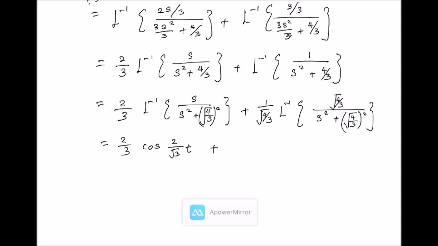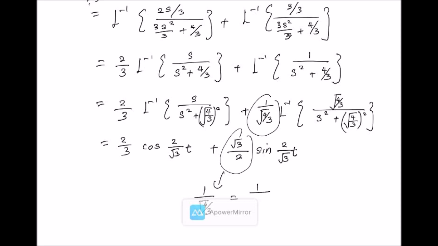And then plus 1 over the square root of 4 over 3, which is equivalent to the square root of 3 over 2 sine of 2 over the square root of 3, t. We get this from 1 over the square root of 4 over 3, equivalent to 1 over the square root of 4, which gives 2 divided by the square root of 3, so this is equivalent to the square root of 3 over 2.